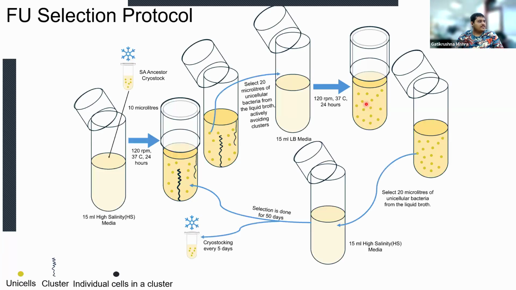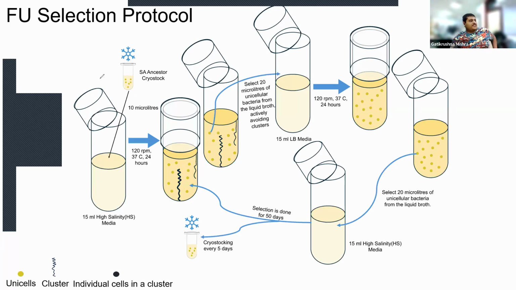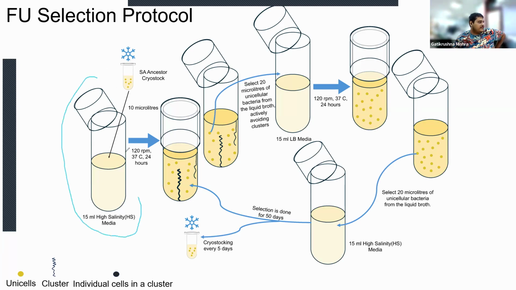The next regime, which is very funnily called FU, was also undertaken by me in this project, where we select for unicellularity, but we fluctuate the environment every day. So we start with high salinity. We allow them to form clusters and become unicellular. After 24 hours, we do not select the multicellular cluster.